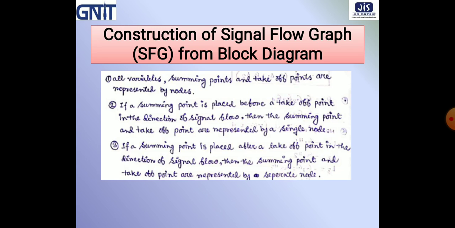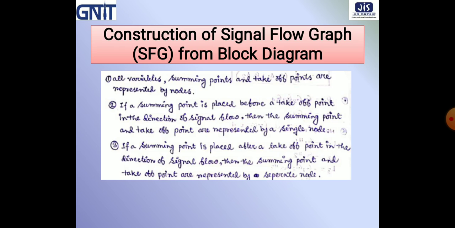All variables, that means input variable, output variable, summing points, takeoff points, we have to represent by nodes. And if a summing point is placed before a takeoff point in the direction of signal flow, then the summing point and takeoff point are represented by a single node.